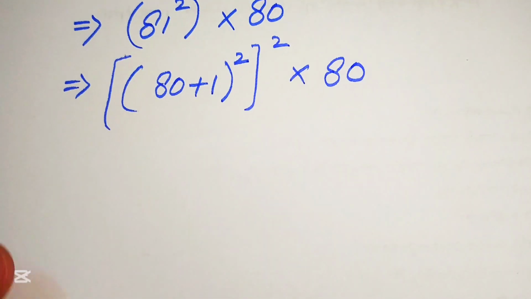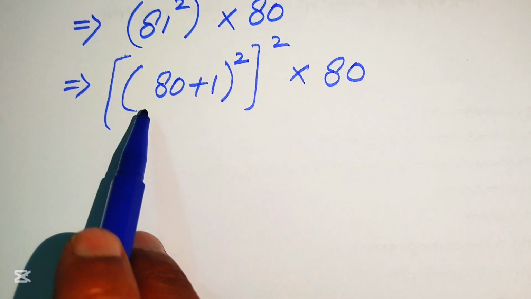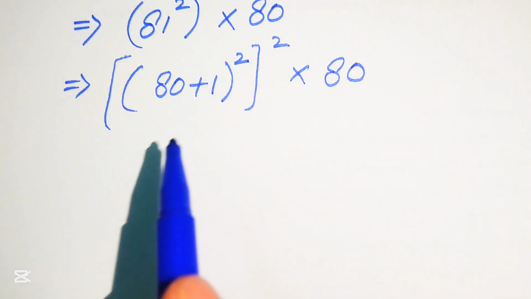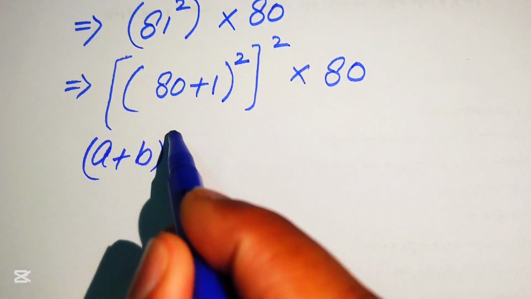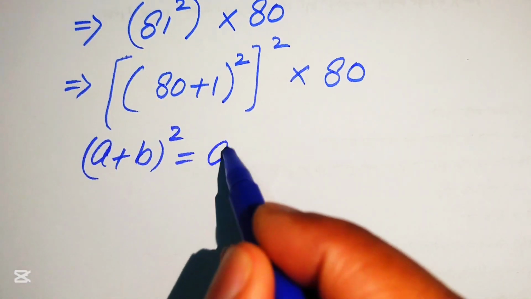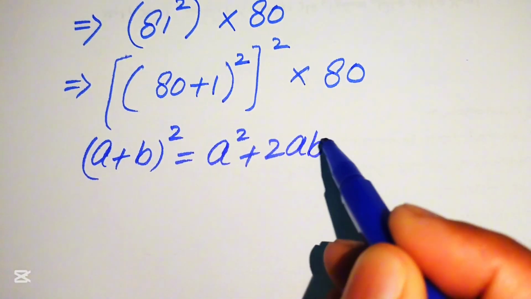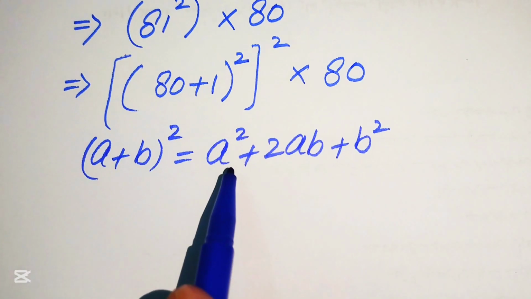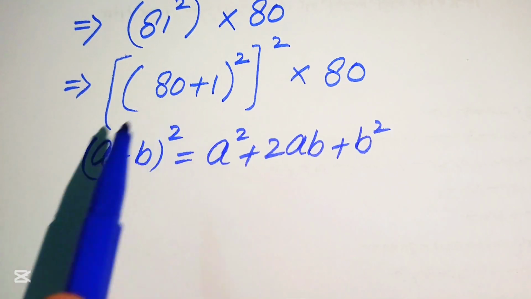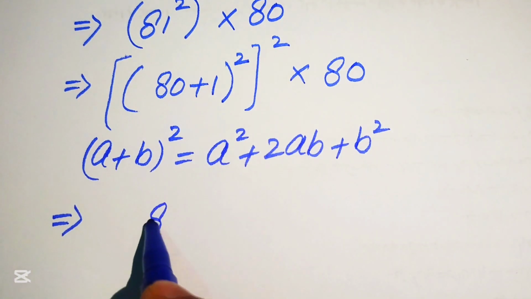In the next step, we just expand this algebraic formula. You know that if we have a plus b whole squared, it equals a squared plus 2 times ab plus b squared. We need this nice algebraic formula for the base of this term, so we write its base in this form.